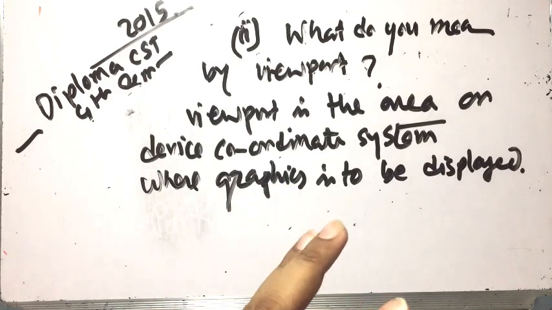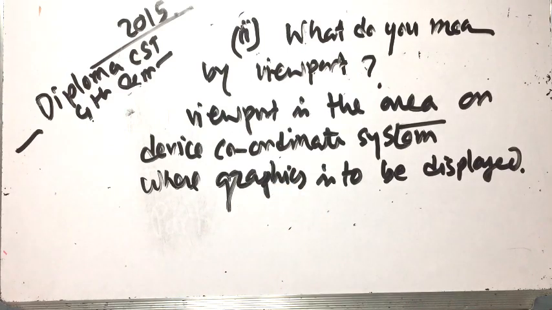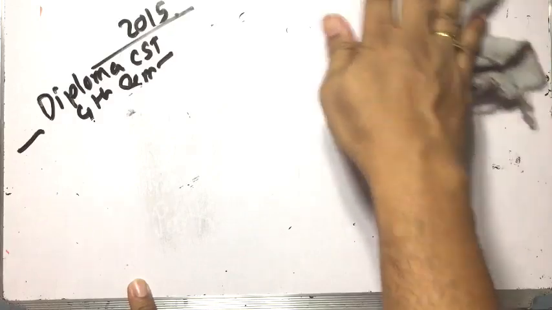It is the device coordinate area, the area that helps the screen display the picture.